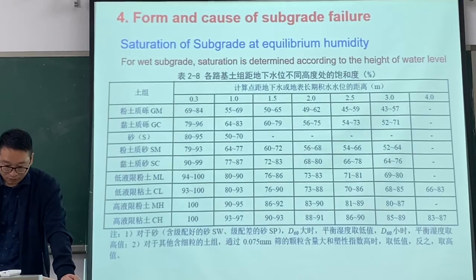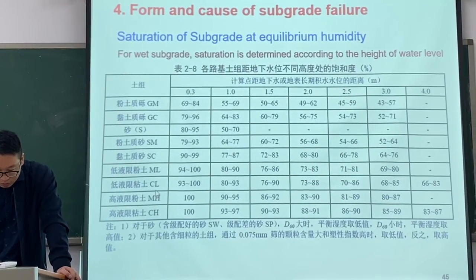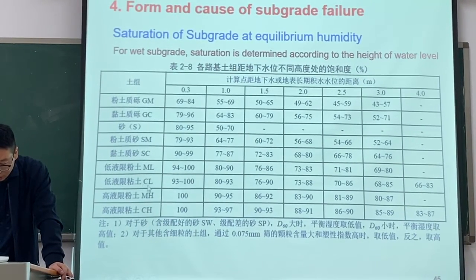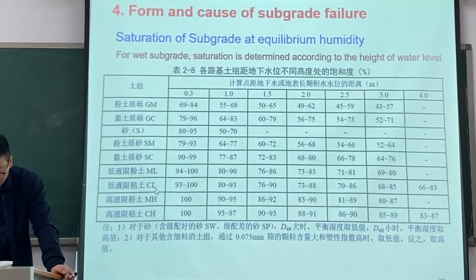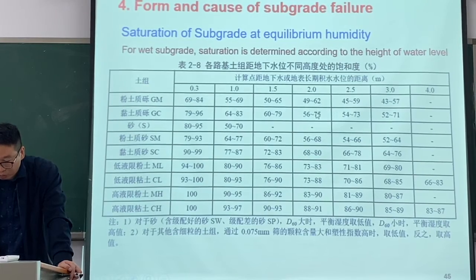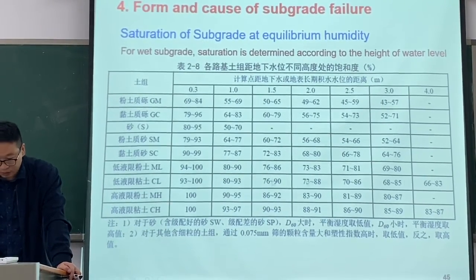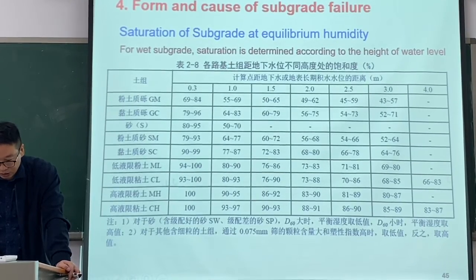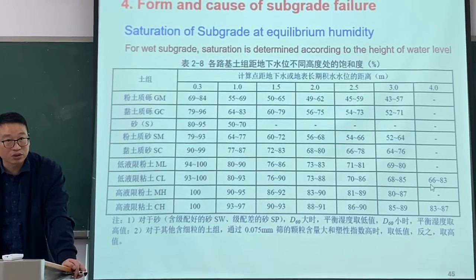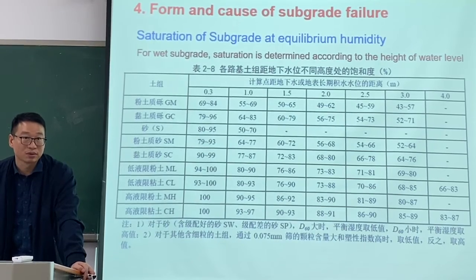But for low limit, high limit clay, we can know that even when the depth to the water table is 4 meters, the saturation of soil is 66 to 83%.